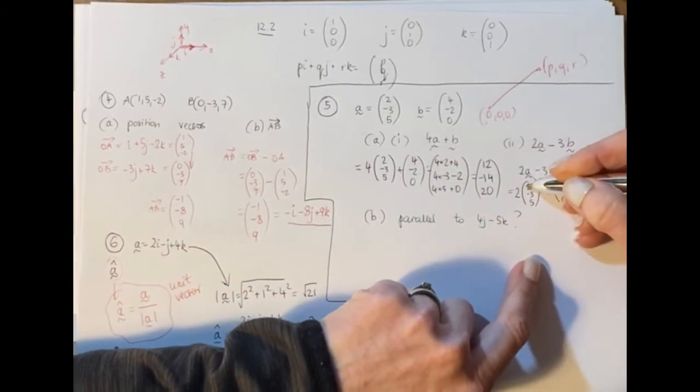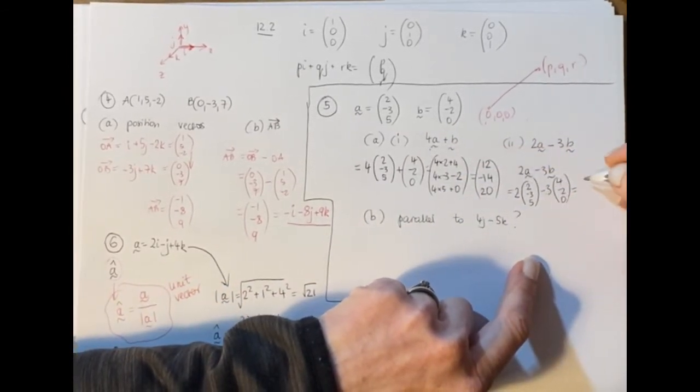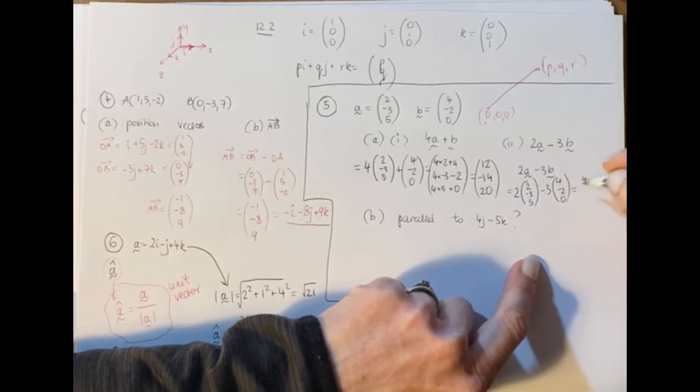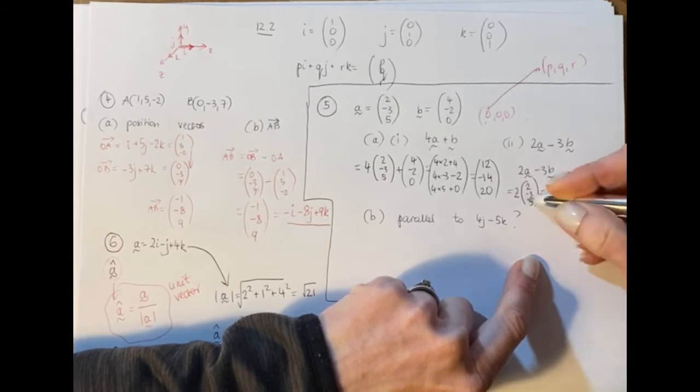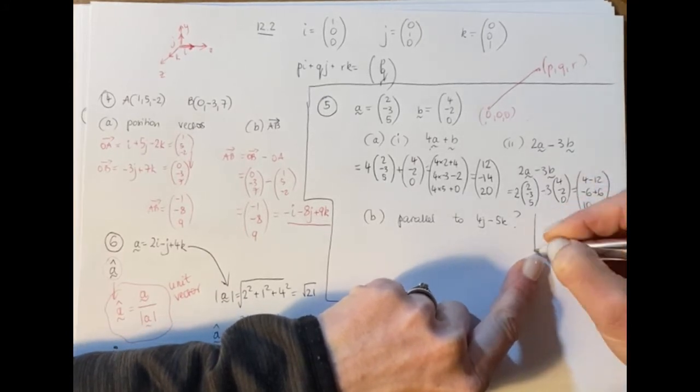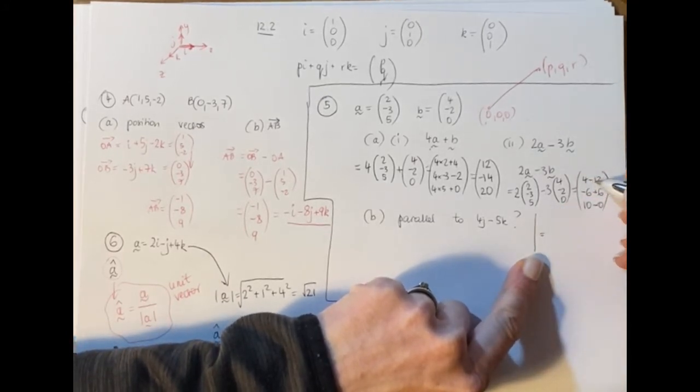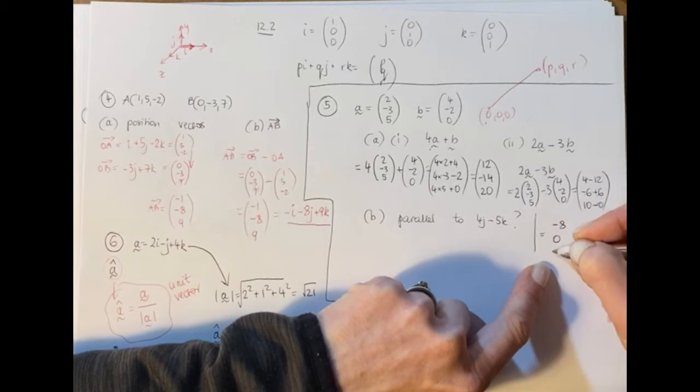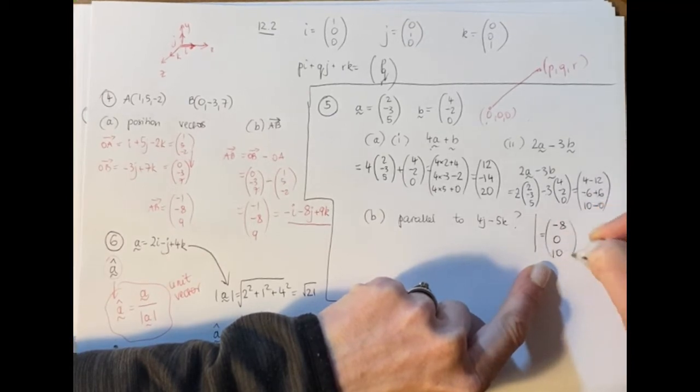So 2 times 2, which is 4, minus 12, 2 times minus 3, so it's minus 6, add 6, and 10 minus 0. So this is going to be 4 take away 12, so it's minus 8, minus 6 add 6 is 0, 10 minus 0 is 10.